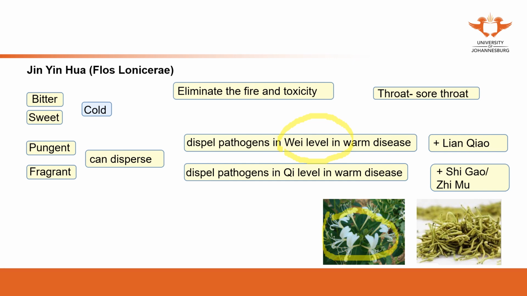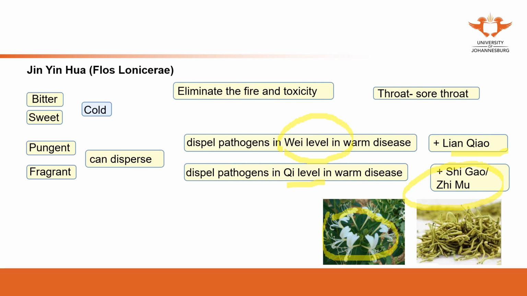When we want to use 金银花 to dispel the pathogens at the wei level, we add 连翘. If you want to dispel the pathogen at the qi level, we add 石膏 and 知母.